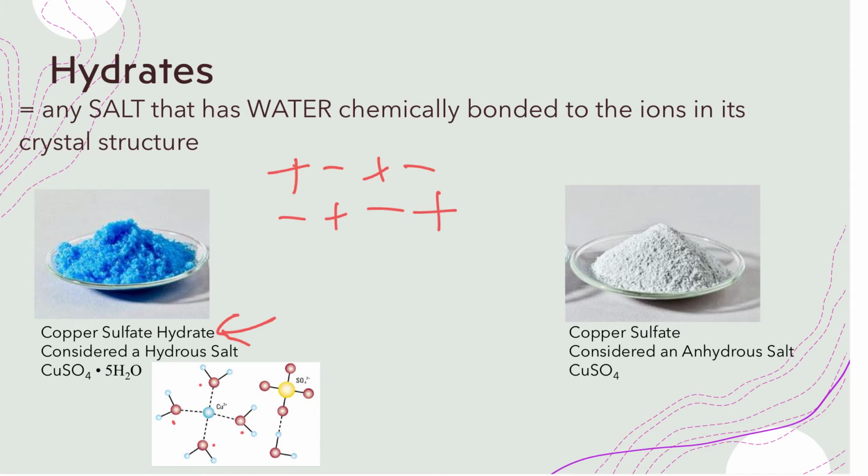So you can see how water is chemically bonded. And so the hydrate has a bunch of water on that. And in this case, there's 5 molecules of water for every 1 molecule of copper sulfate. So we're going to talk more about hydrates and the difference between when they're anhydrous or hydrous salts, so with water and without water.